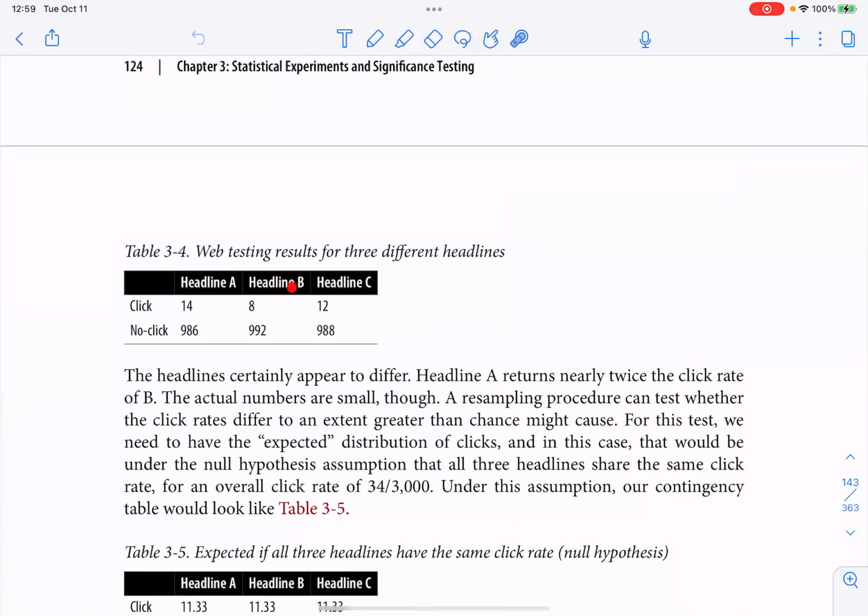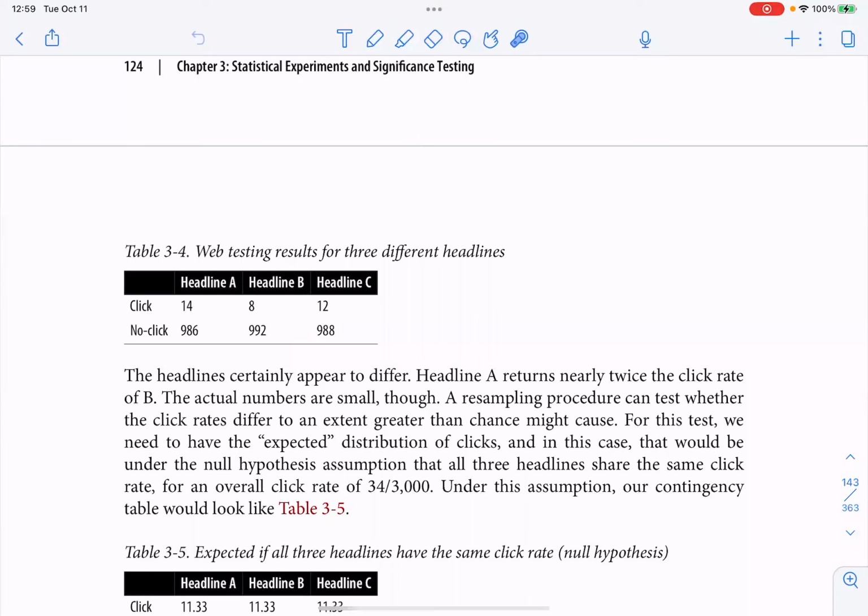So we've got headline A, headline B, or headline C. And then we're recording whether people clicked or didn't click. Most people don't click regardless of the headline, right? But we are interested in which one is going to get me the most clicks, or is there even a significant difference between these?